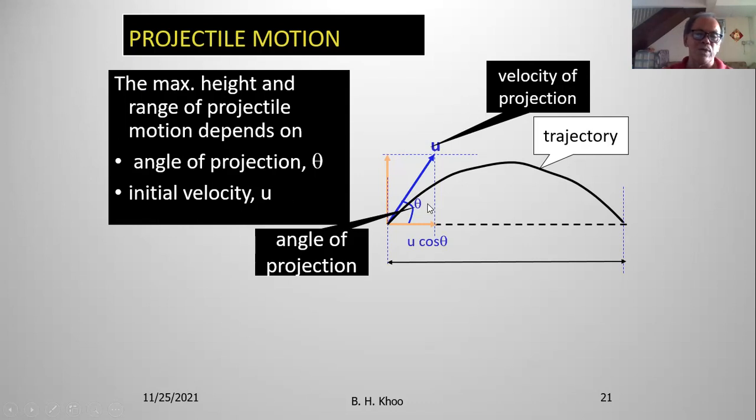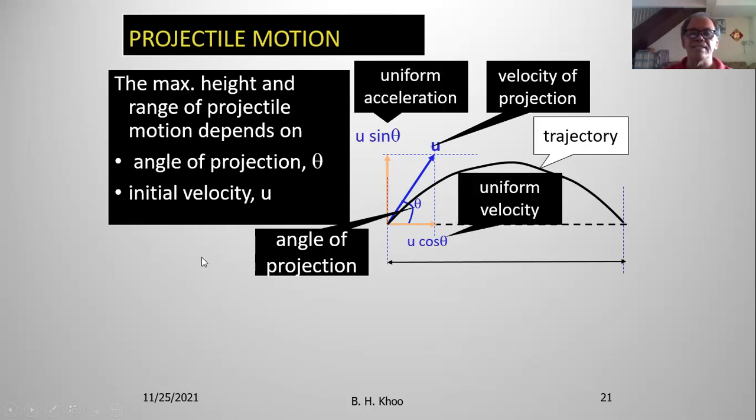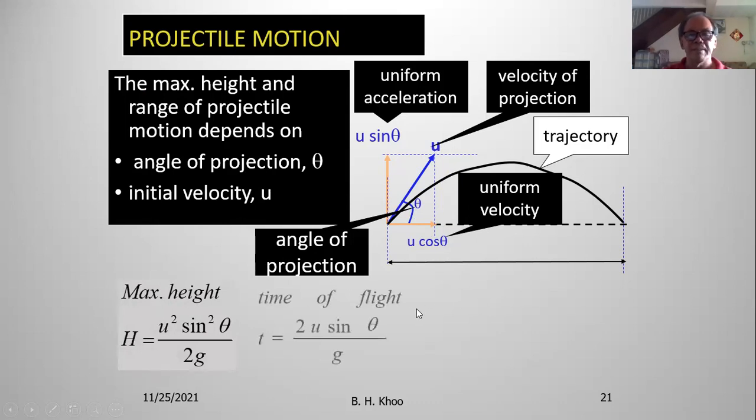The one next to the angle is U cos theta. The one further away is U sin theta. So vertically is uniform acceleration, horizontally is uniform velocity. You derive the maximum height equation and then the time of flight equation. And this is called the range, from the start to where it reached the ground.